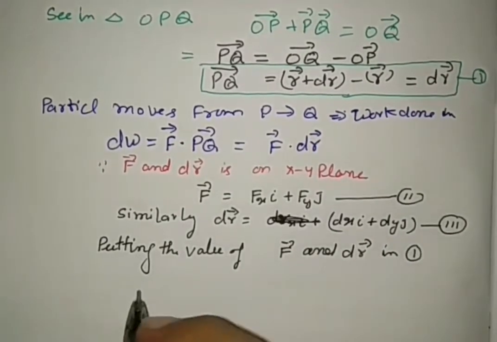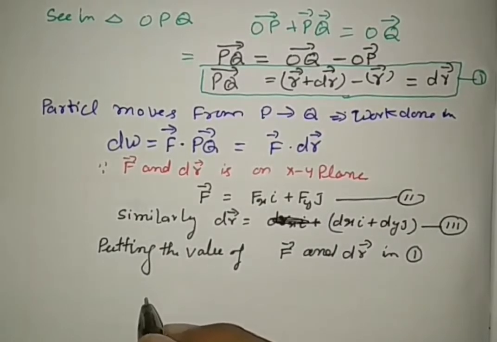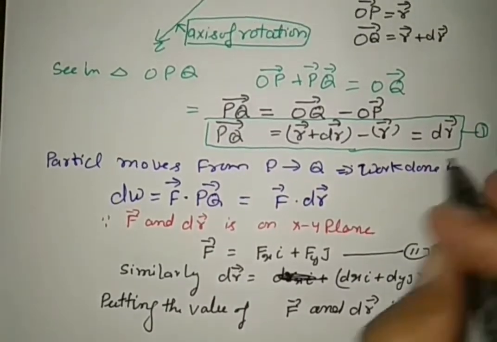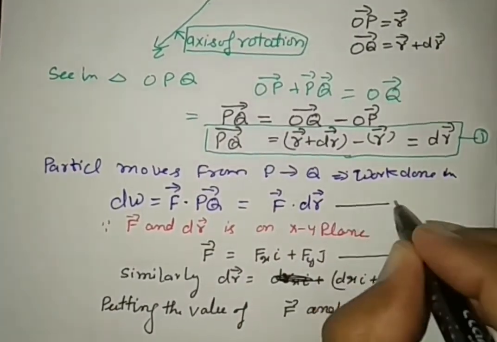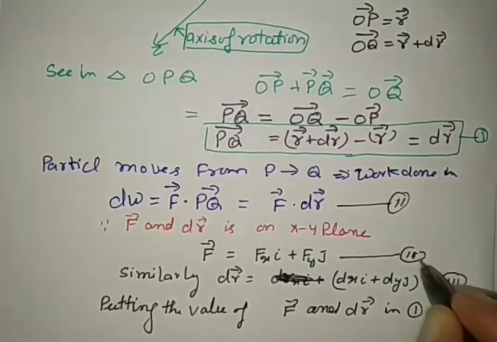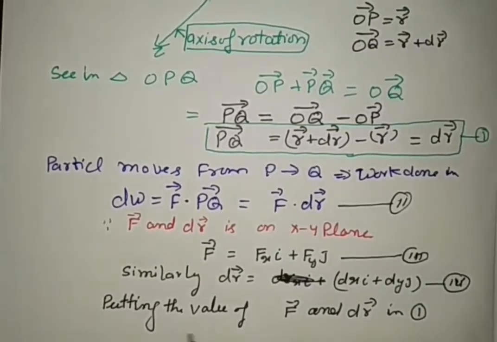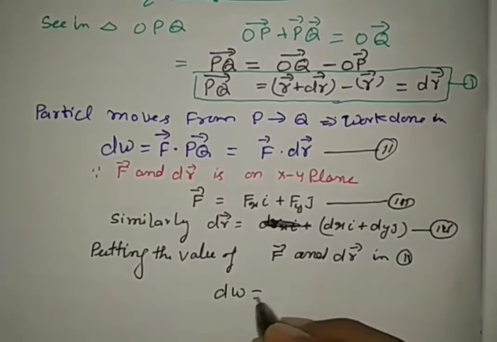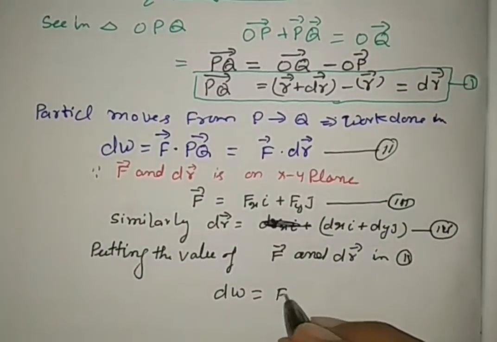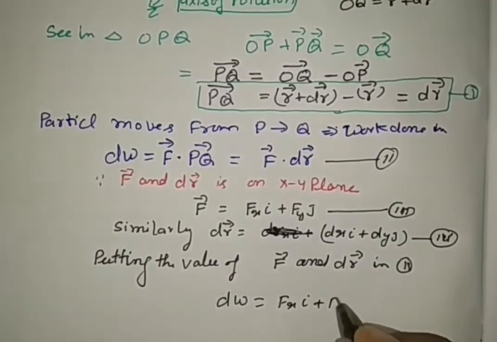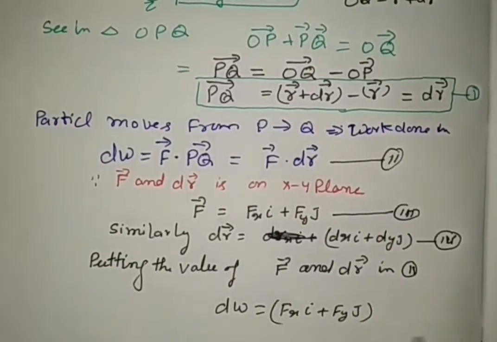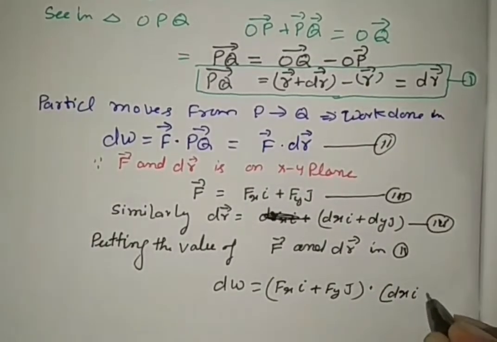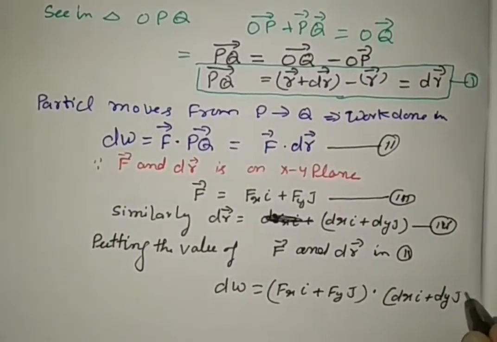So we may write in equation, see here, take this as equation number 2, 3, and take this as 4. So putting the value in equation 4, dW is equal to F, that is Fx i plus Fy j, now see here in dot dx i plus dy j.